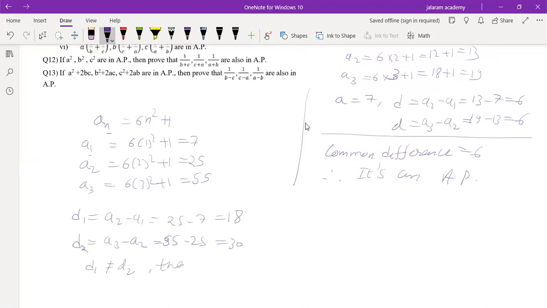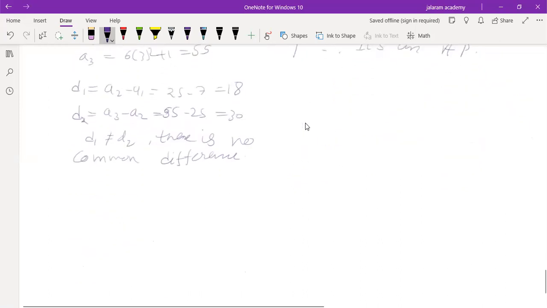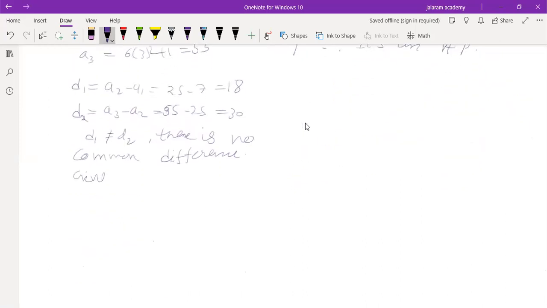There is no common difference. And whenever there is no common difference, it means the given series is not an AP. Given sequence an equals 6n square plus 1 is not an AP.